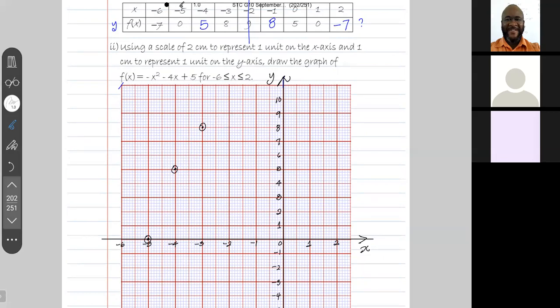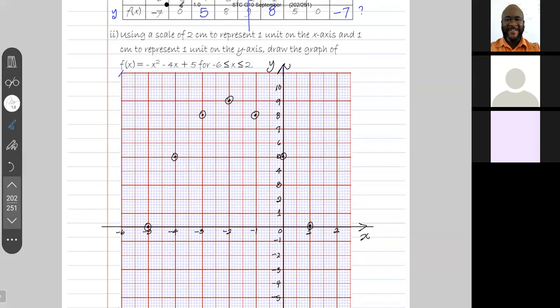I think that's my turning point. -1 corresponds to 8. So you see it's coming back down. 0 corresponds to 5. That places me here. 1 corresponds, I'm guessing, to 0.